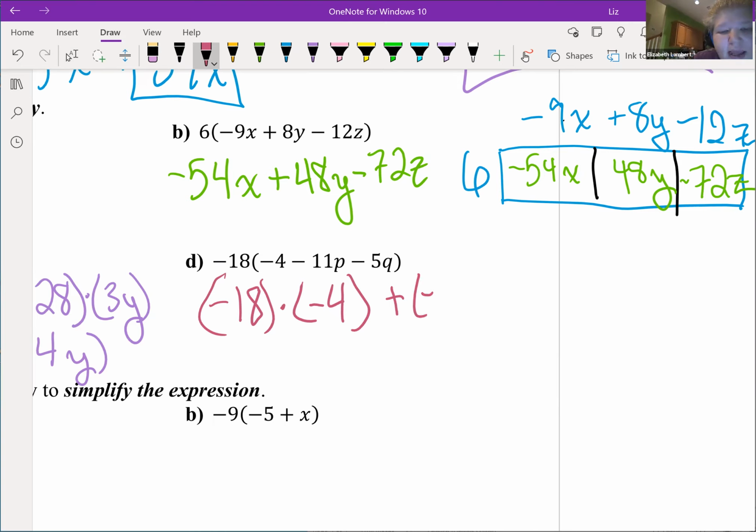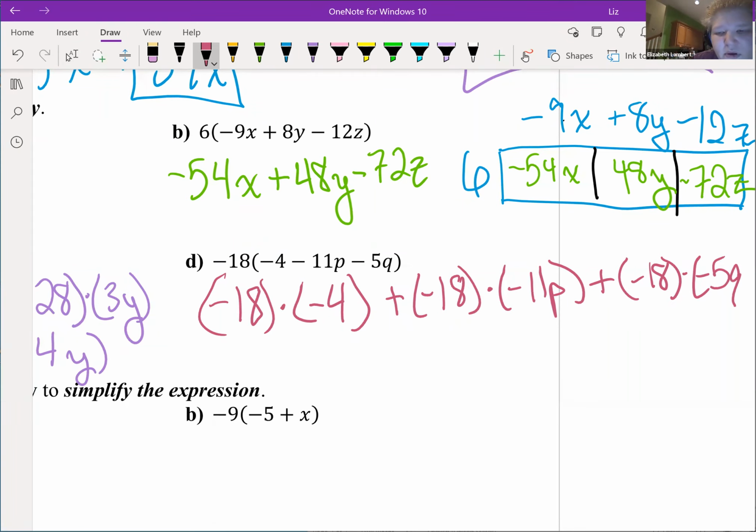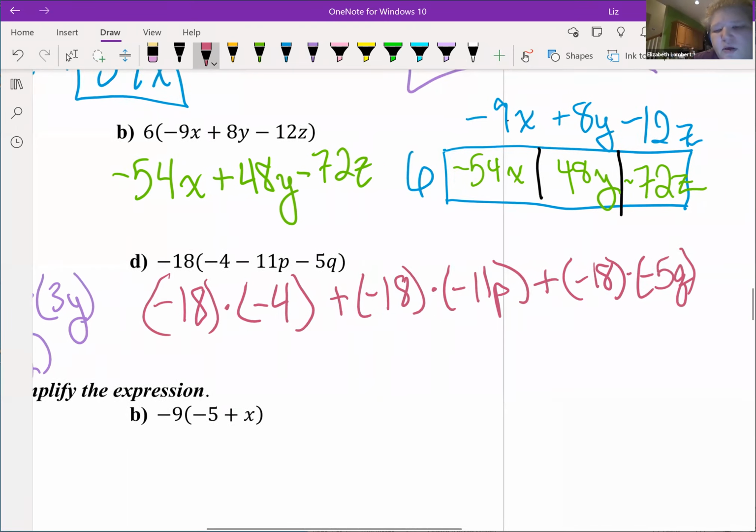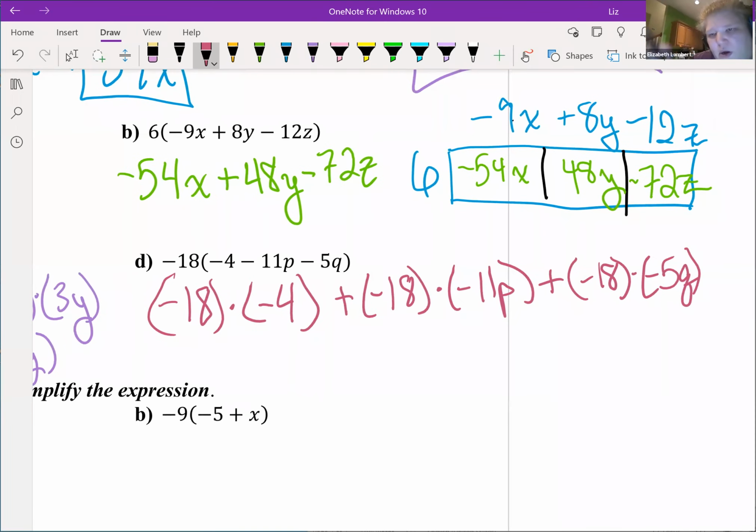Plus negative 18 times negative 11p plus negative 18 times negative 5q. That is my weird handwritten q. It almost looks like a really crazy 8, so just FYI.